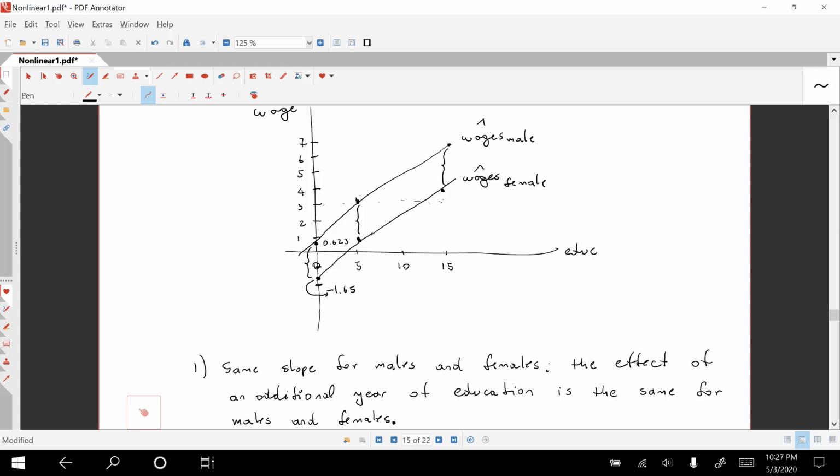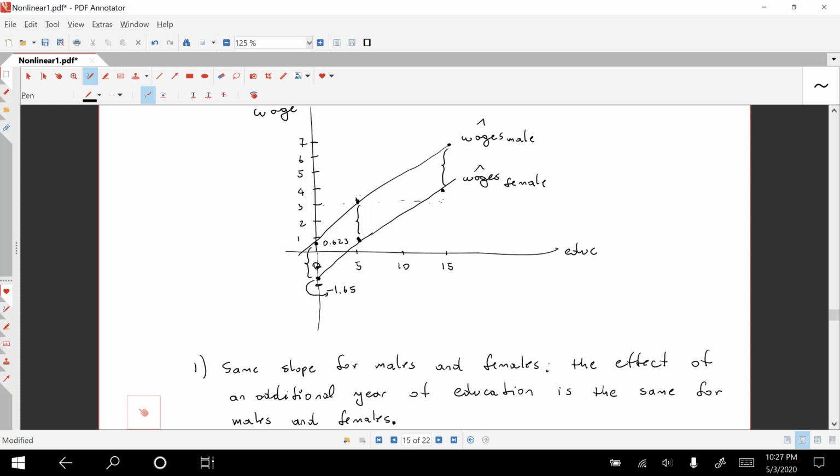It would be kind of not fair to compare the average wage for a female with only 5 years of education and a male with 15 years of education. So ceteris paribus means that we are controlling for these other factors. And as I have talked about before, regression in a way allows us to artificially control for those other factors.